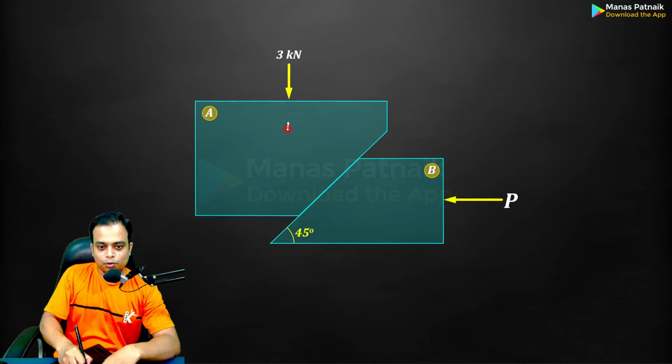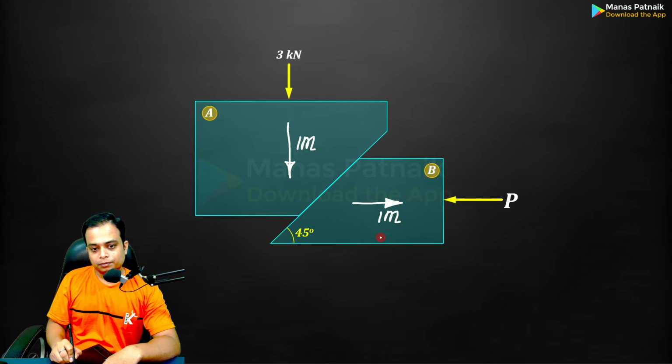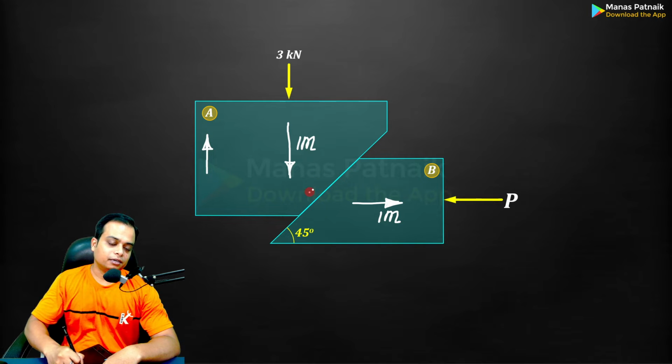In that case, block A will have a tendency of motion, impending motion in the downward direction, which thereby causes block B to move towards the right. If this is the case, block A is going to have friction from the wall in the upward direction and here up the plane.